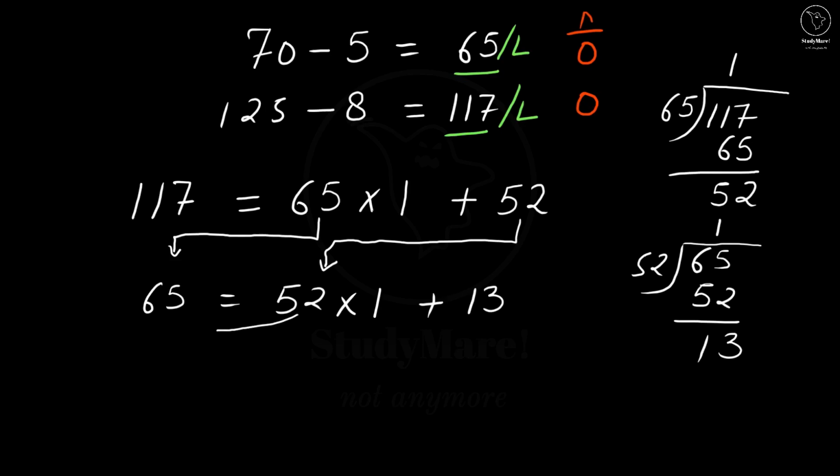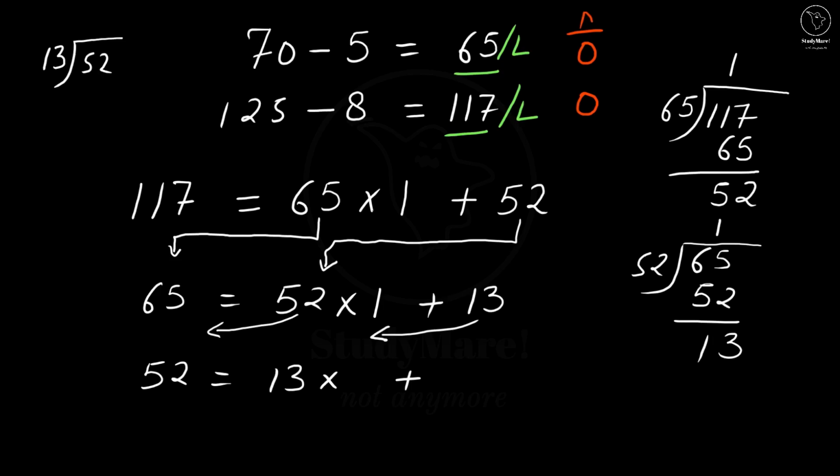So this 52 goes here and this 13 goes here. So we have 52 is equal to 13 multiplied by something plus the remainder. How do we find out? The same procedure. 13, here we have 52. 13 fours are 52 and we get the remainder as 0.